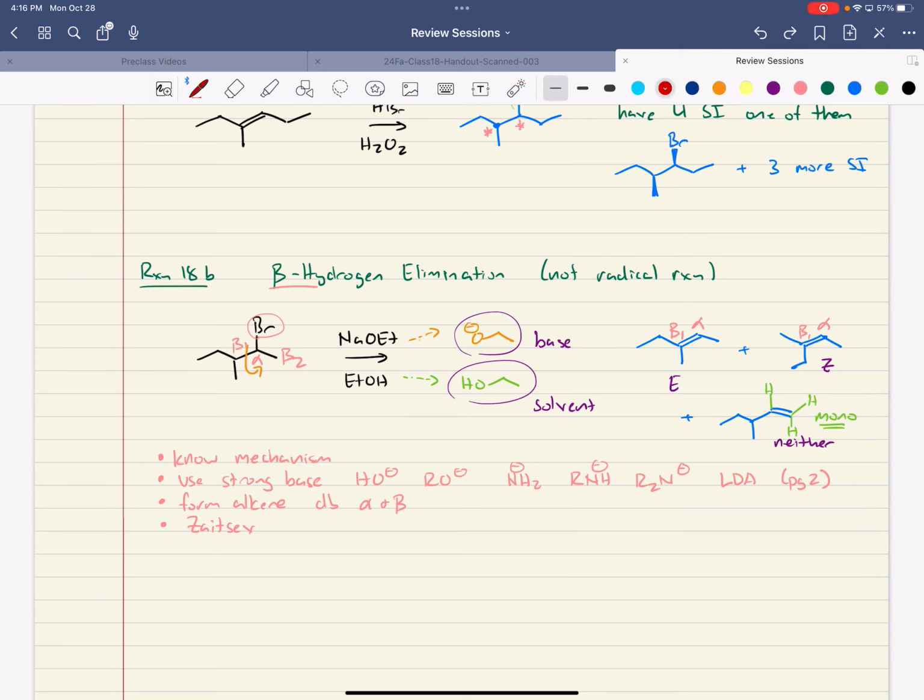Who has more strain? Do you see how these 2 bigger groups, the ethyl and the methyl, the ethyl is bumping the methyl, but here the ethyl is bumping the hydrogen, which is less stressful. Hydrogen is small, so the ethyl bumping hydrogen is less stressed out.